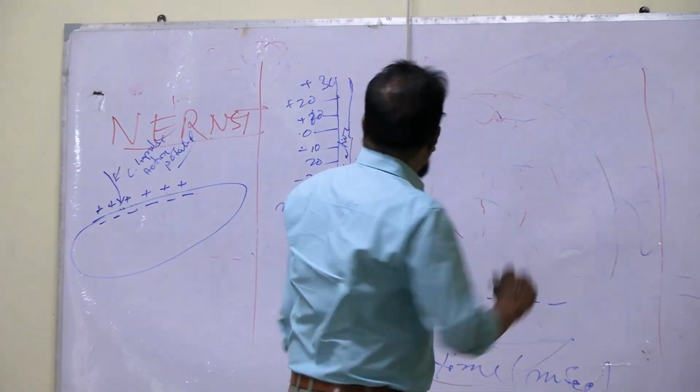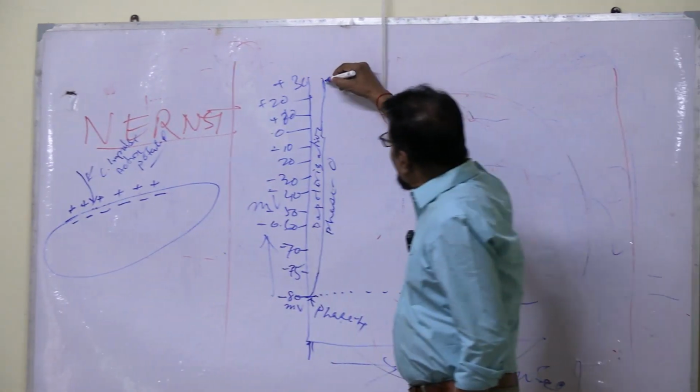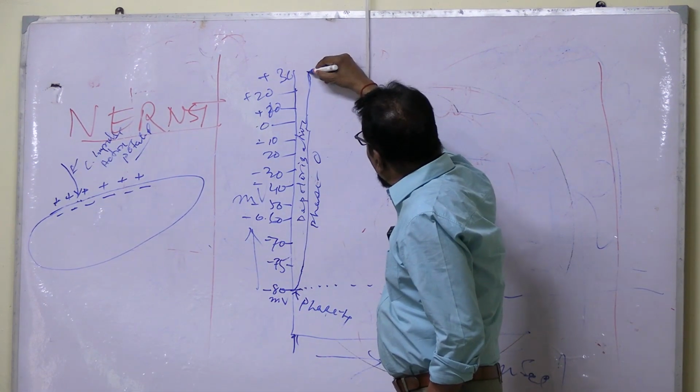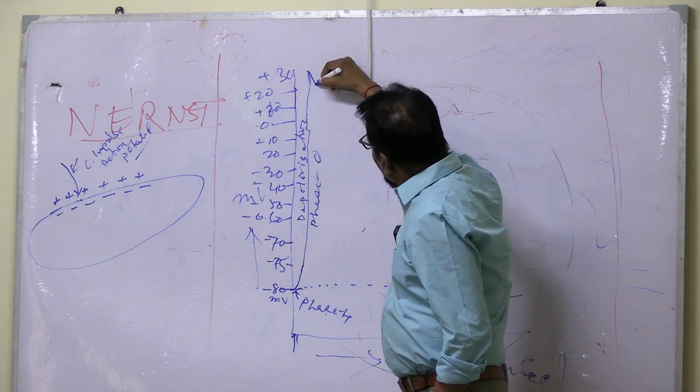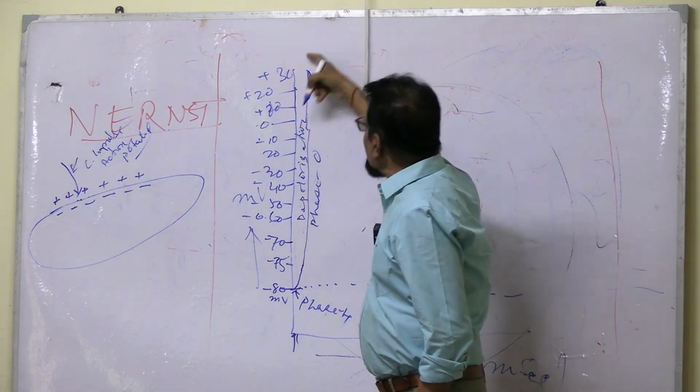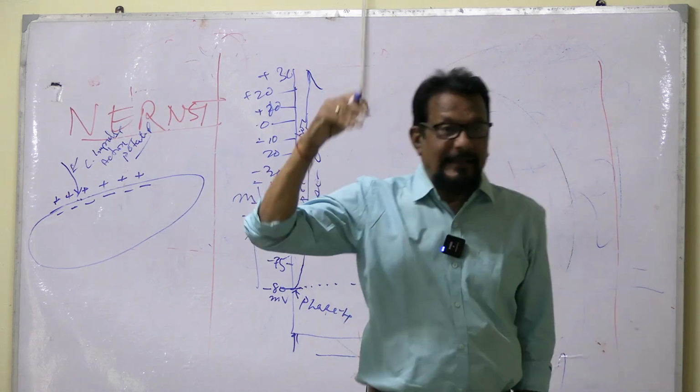Now what will happen? We can see when it reaches here, immediately the voltage difference is coming down. It started coming in the reverse direction, towards the negativity.